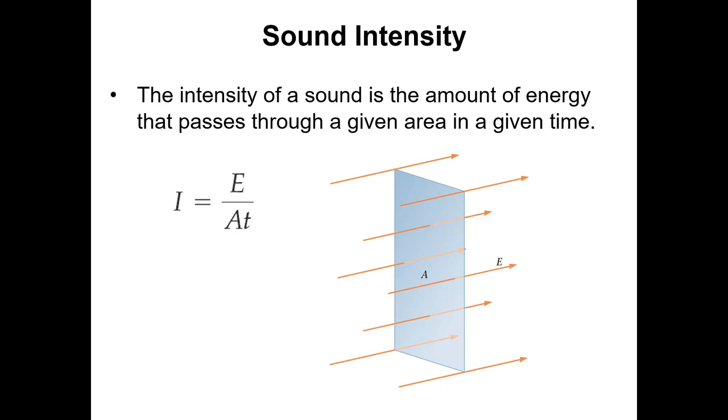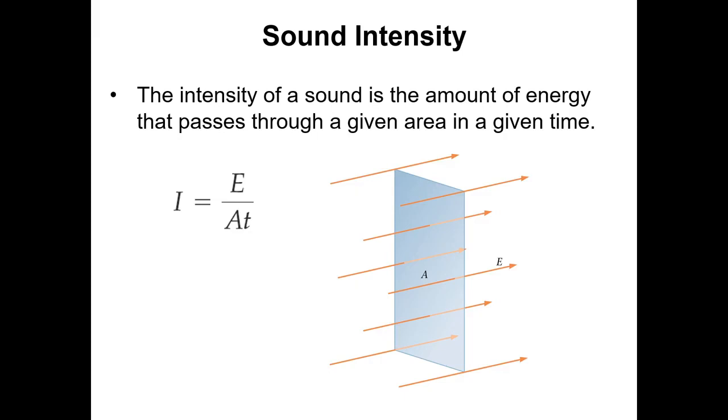We talked about intensity. This is also a review from the previous chapter. First of all, energy is the amount of work that you do, measured in joules. Power is how much work you do per unit of time. So not just how much energy you're expending, but how quickly you're giving off the energy, how quickly you burn through it.